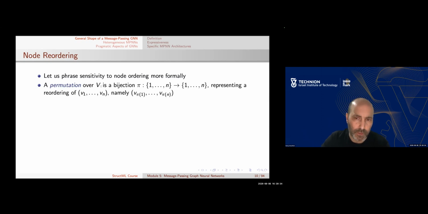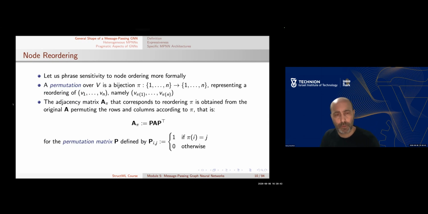Basically we reorder v1 to vn to be v pi of 1 to v pi of n. That's a permutation. Now we associate a permutation with a matrix P, defined by Pij equals 1 whenever pi of i equals j.